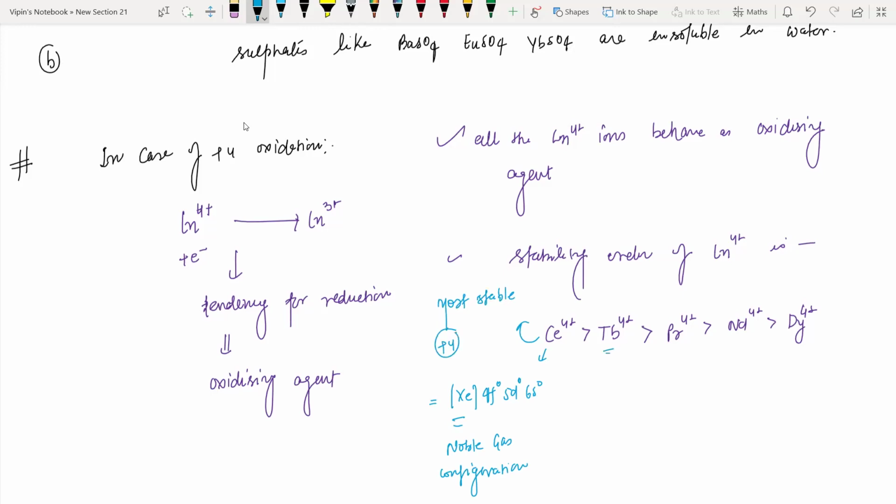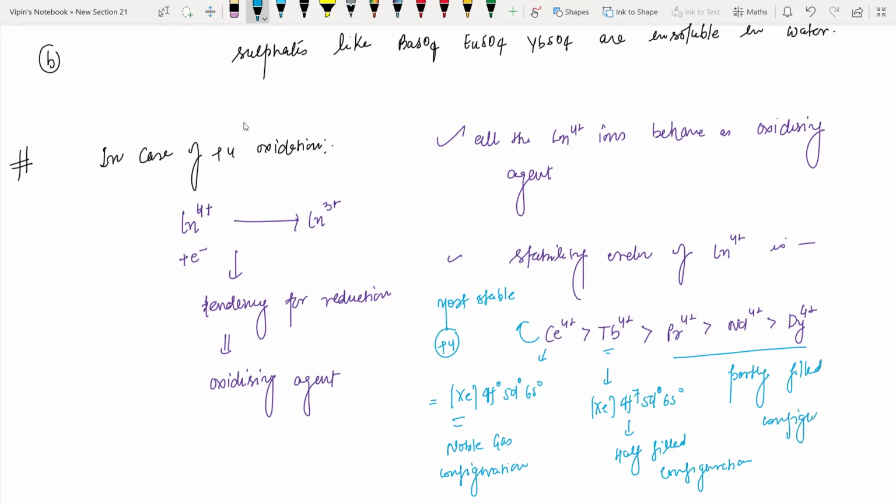And this Tb 4+ has xenon 4f7, 5d0, 6s0. It has half-filled configuration, and other members have partly filled configuration. So they are less stable.